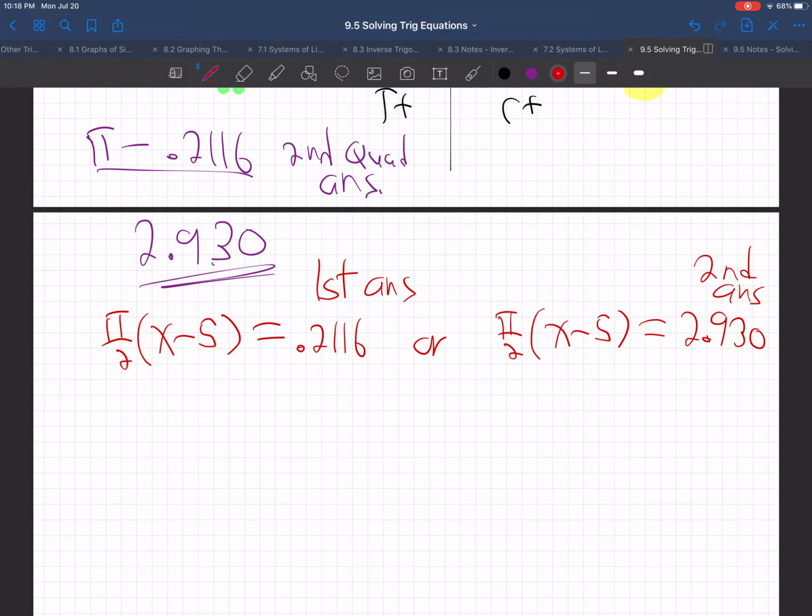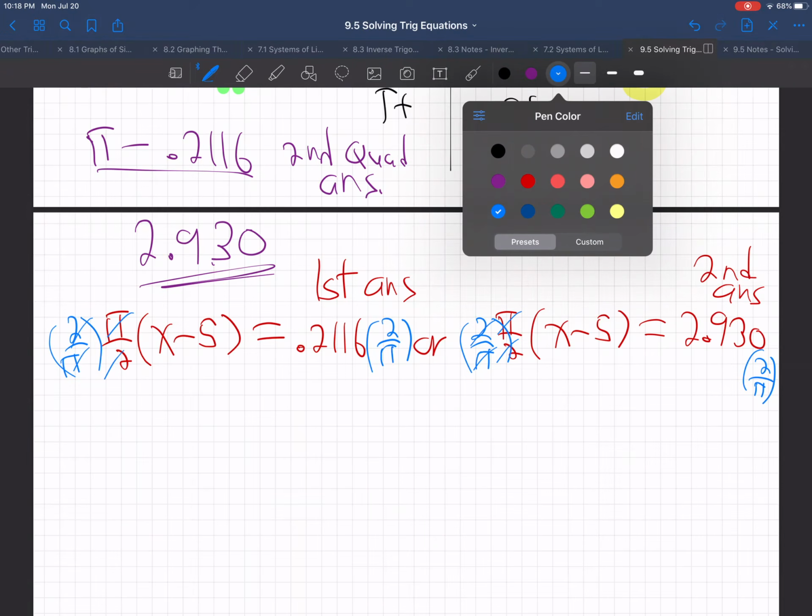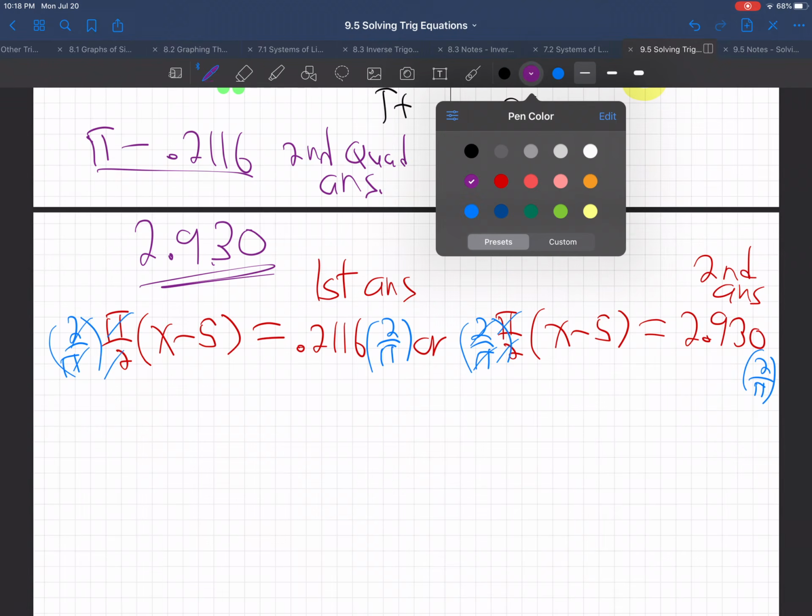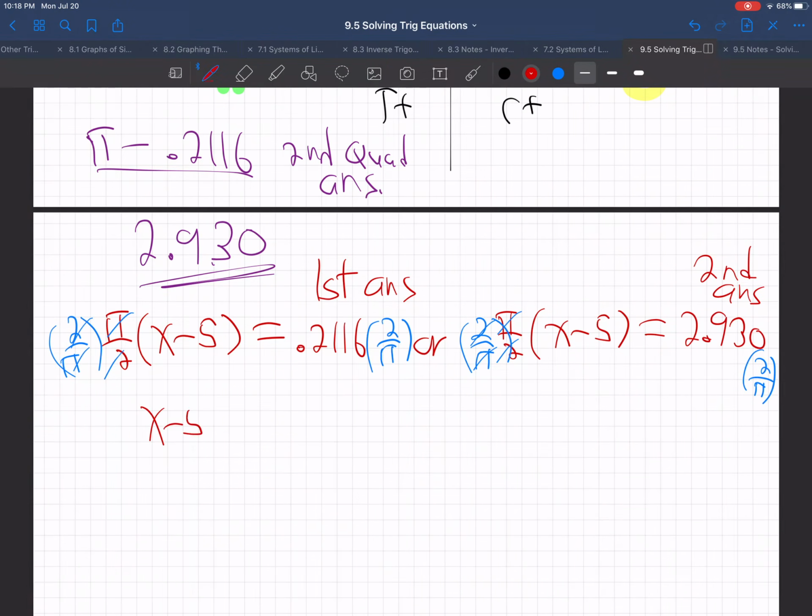Now, how do I finish it? Well, how do you solve for x? You've got to multiply by the reciprocal, 2 over pi. And same thing here, 2 over pi. And that leaves x minus 5.